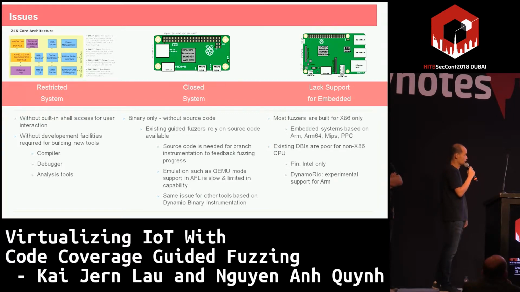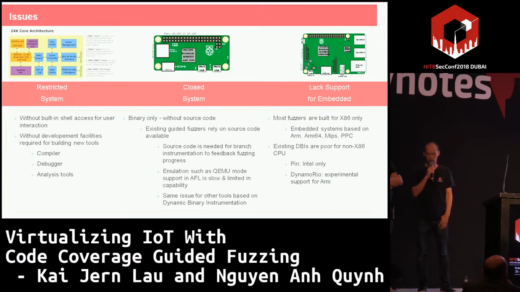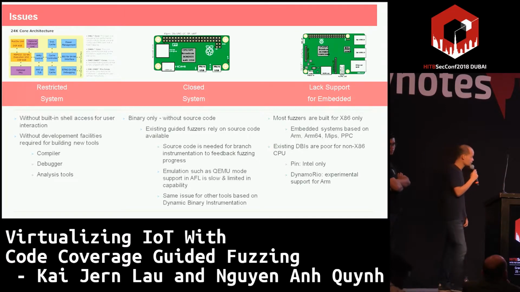Actually, fuzzers like AFL support an emulation mode using the QEMU emulator, but it turns out you cannot really run AFL on many targeted binaries, because QEMU is not very good at supporting many kinds of binaries.